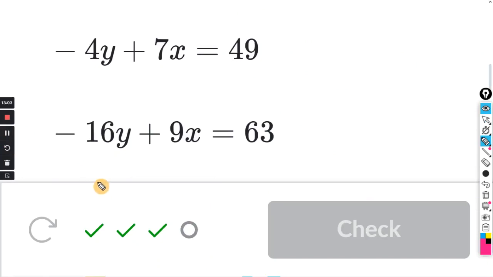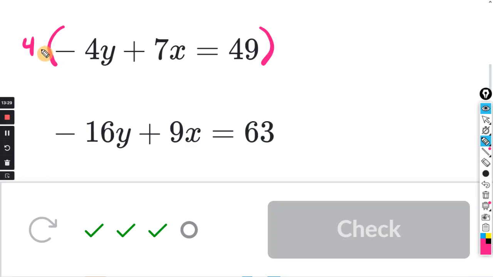All right, last one. Again, look at the coefficients on the y's and the x's. See if you can multiply by anything to get from one to the other without using fractions. Already I can see the coefficients on the y's. To get from 4 to 16, we can do times 4. Okay, so I'm going to take this top equation and do times 4.